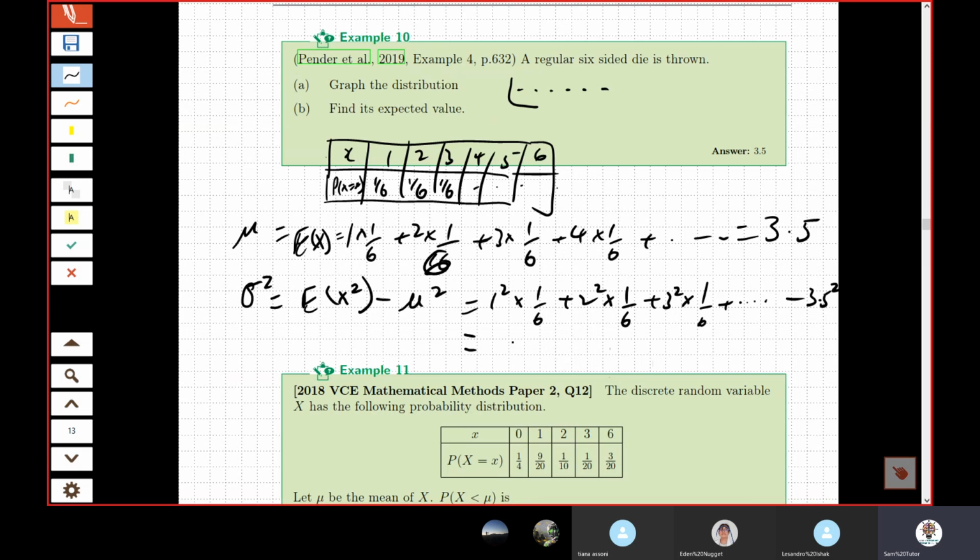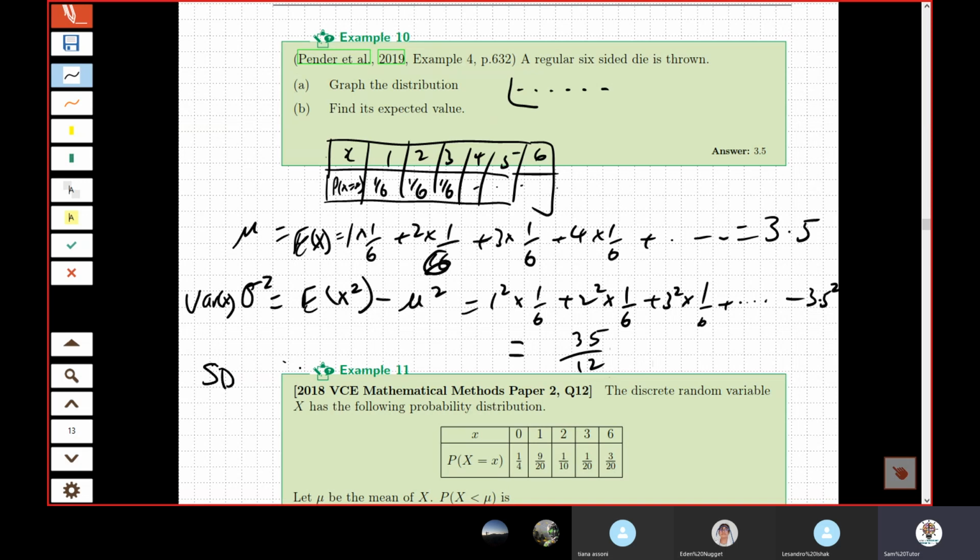Alright, that's it. Whatever answer that gives you. Yeah, it was 2.9. Alright, 35 on 12. Don't round. 35 over 12. I really thought it would be 1. Failed that. So that's variance.